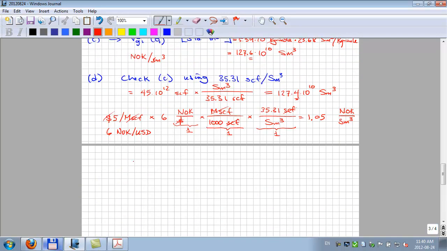So 0.2 times 10 to the 10th standard cubic meters times 1, because it's not $5 per MCF, it's about that, NOK per standard cubic meter.